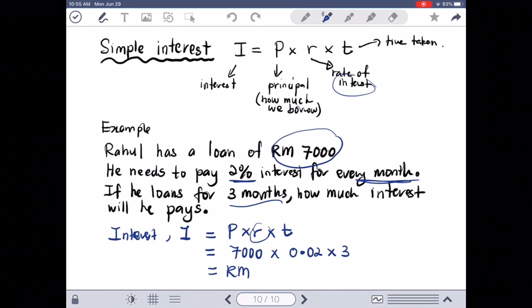The answer is RM 420. It means that Rahul needs to pay the bank an extra RM 420 on top of the 7,000 that he needs to pay. So this is just the interest, bunga.